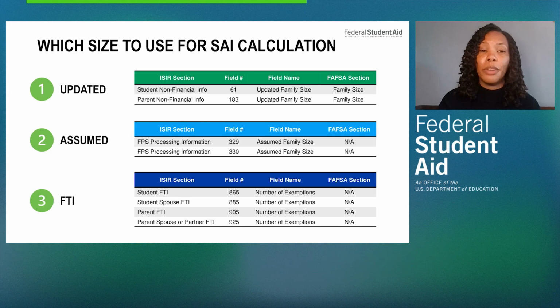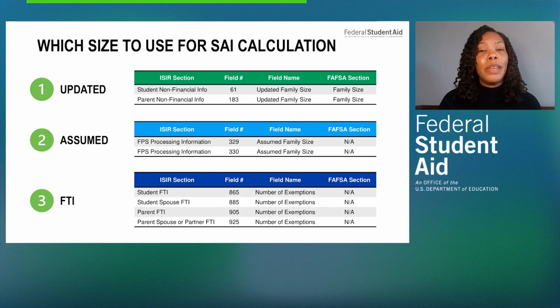The reason why on this slide it's in a different order than what I just provided to you is because this is the hierarchy order that the SAI calculation and the Pell Grant formula calculation are going to use when determining which family size to use in the calculation.